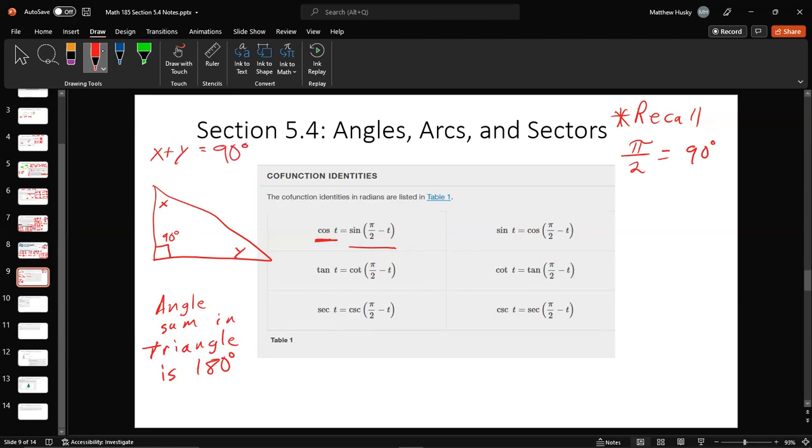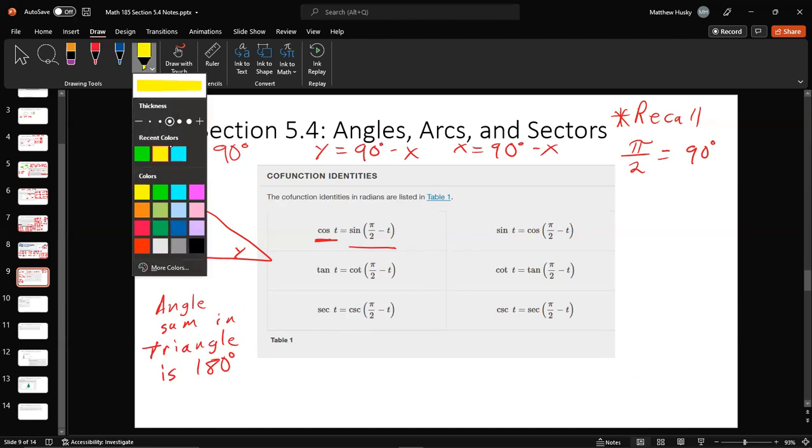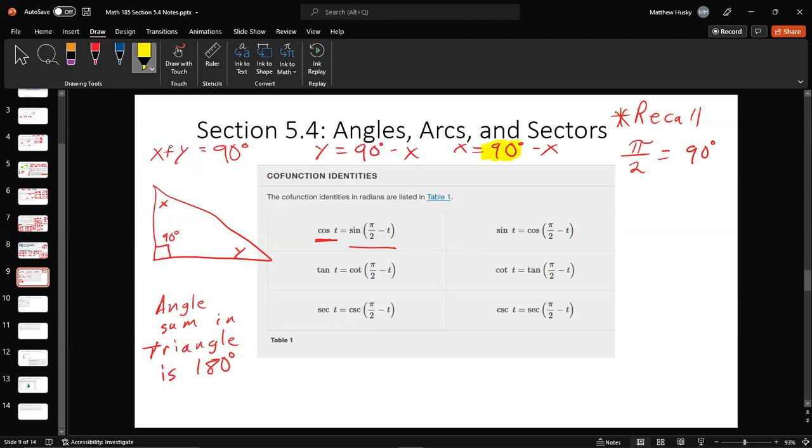And so that just means Y is 90 minus X and X is 90 minus Y. And if you change this back from degrees to radians, that's where all of these are coming from.